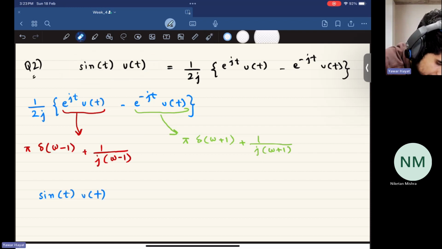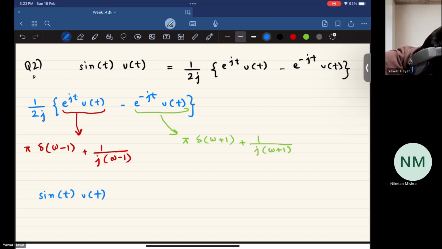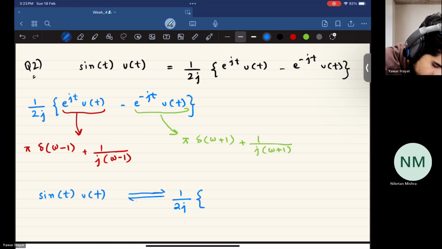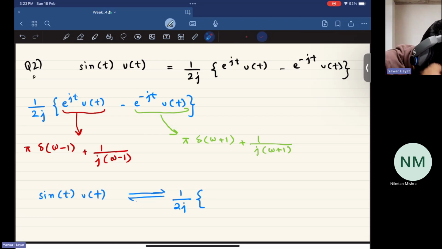What is that? That is 1 over 2j. I'm writing this one now, pi del of omega minus 1.